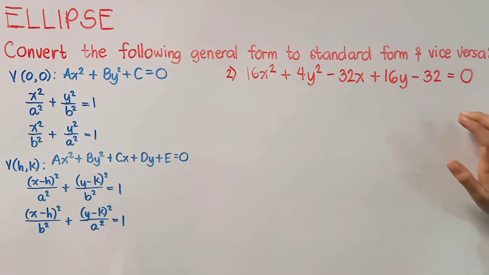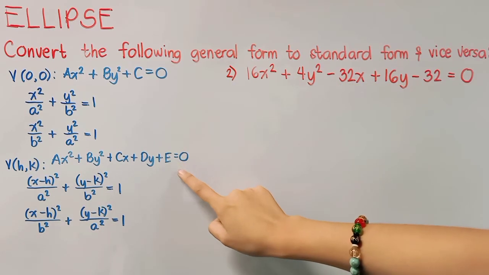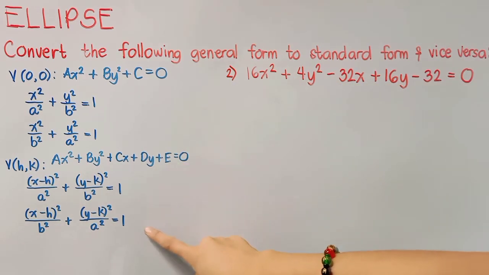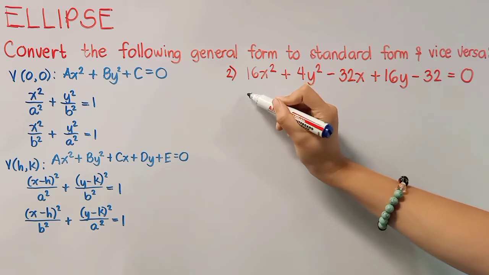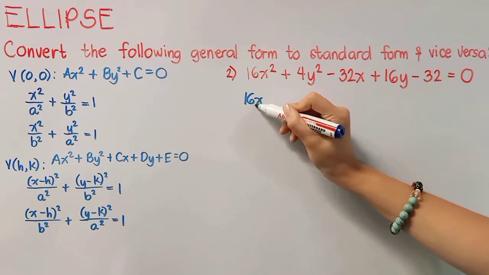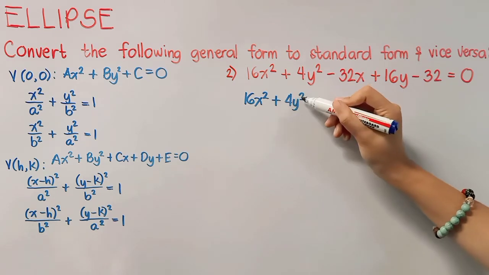As you can see, there are 5 terms here on our left side, which looks like this. Therefore, our expected answers should also look like this one. First thing that we have to do is to place a number on the right side. Since negative 32 is on the left side, we have to transpose it to the other side, making it positive 32.